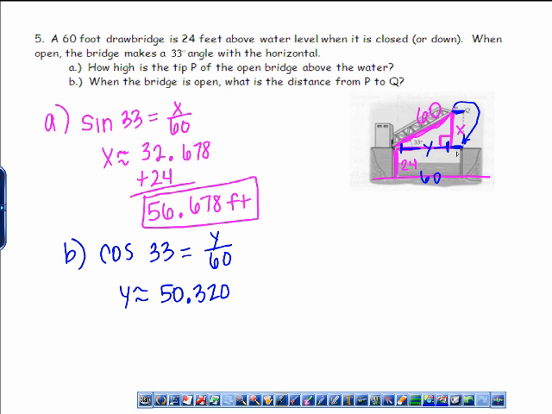Again, we're trying to find this right there, or P to Q, same thing. So I need to subtract 50.32 from 60, which gives 9.68 feet.